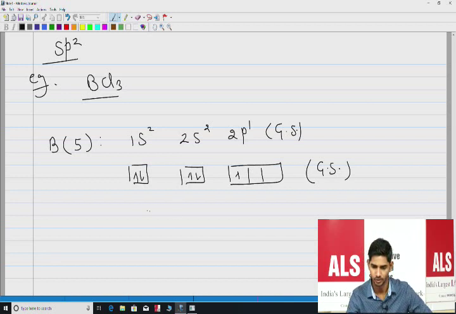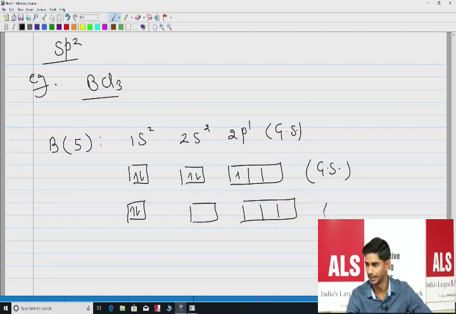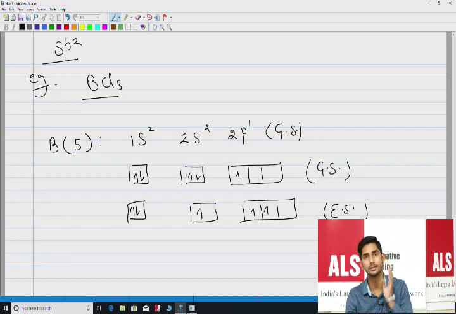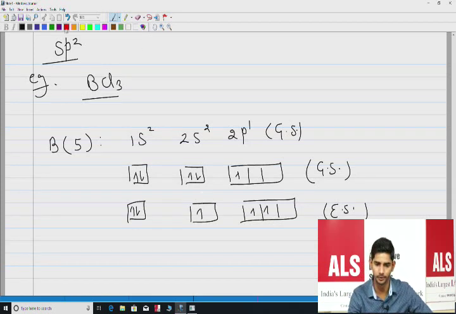Okay. Now, to make them excited state, what I have to do is simply place the paired electron in the vacant orbital and make them unpaired. Now, check out only those orbitals which are unpaired.